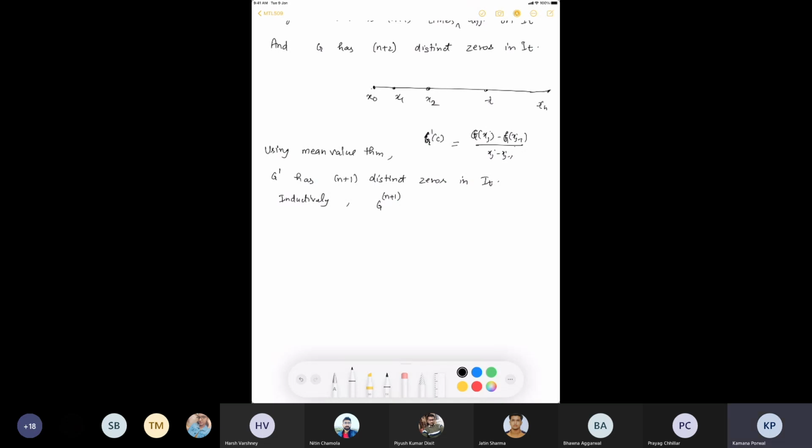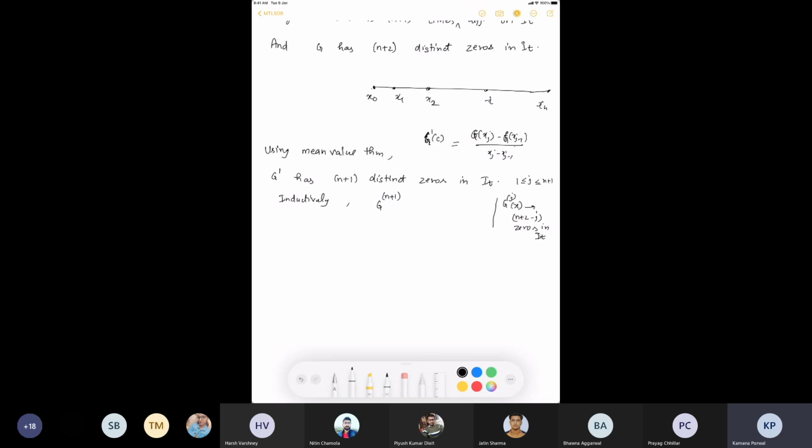You can observe that if you talk about the jth derivative of g, where j is ranging from 1 to n plus 1, how many zeros will the jth derivative of g have? It will have n plus 2 minus j zeros in the interval I. So you can just repeat this process.